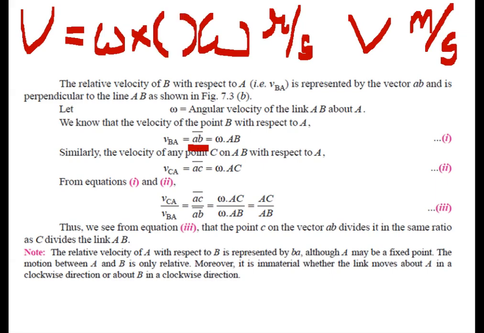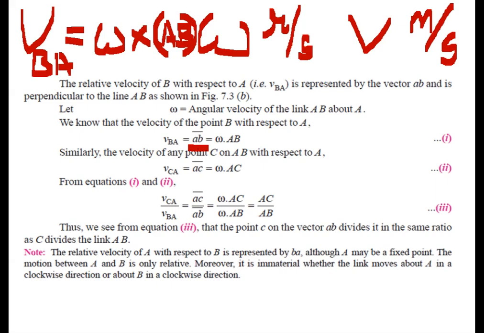Suppose in this case we have taken the velocity for BA. In that case we have to take the length of AB. So you have to multiply angular velocity into the length of the link, that is AB.